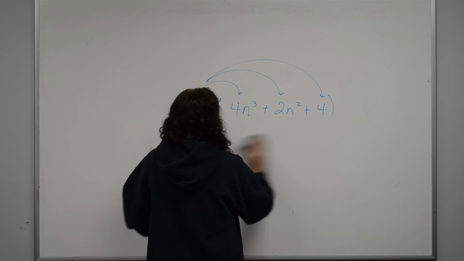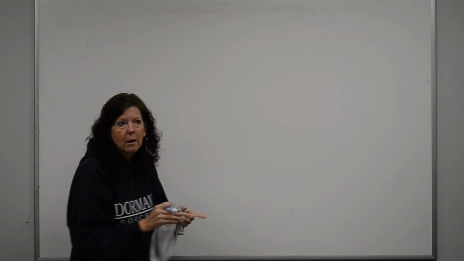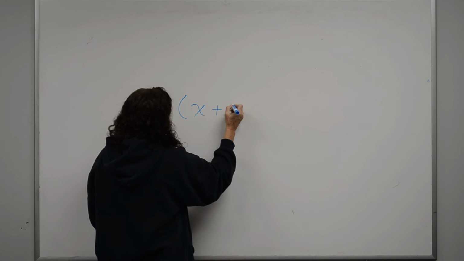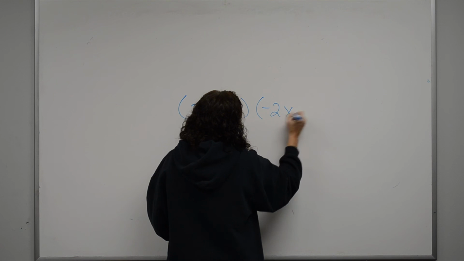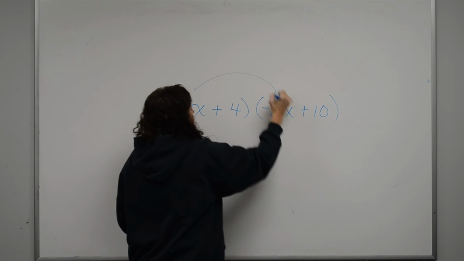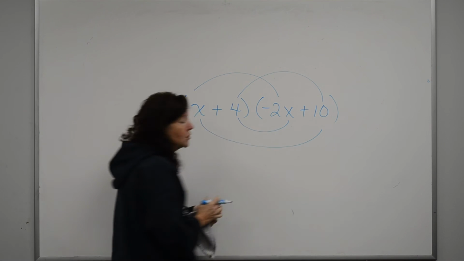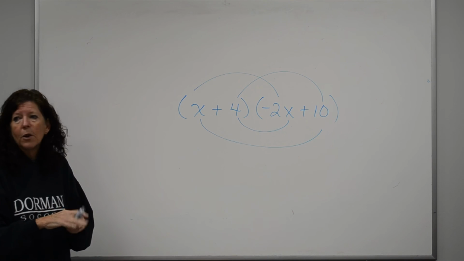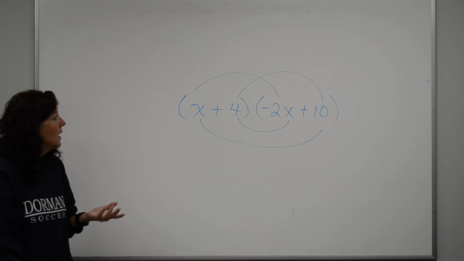Then we moved on to a binomial times a binomial, and that's where we brought in FOIL. So I have x plus 4 times maybe negative 2x plus 10. Remember FOIL: first, outside, inside, last. The truth of the matter is, you can do the distributive property on this. It works. FOIL is just that little term that they always use that makes it, in some ways, easier.